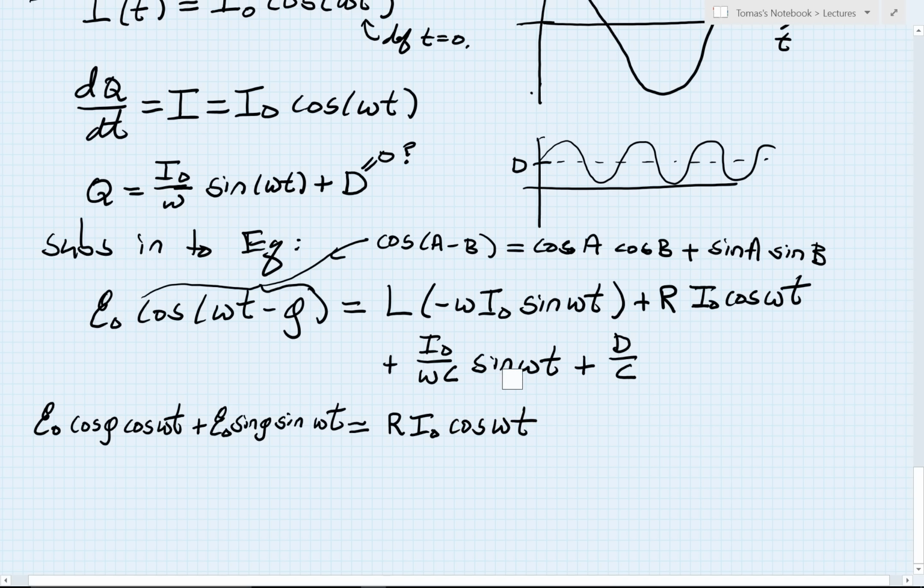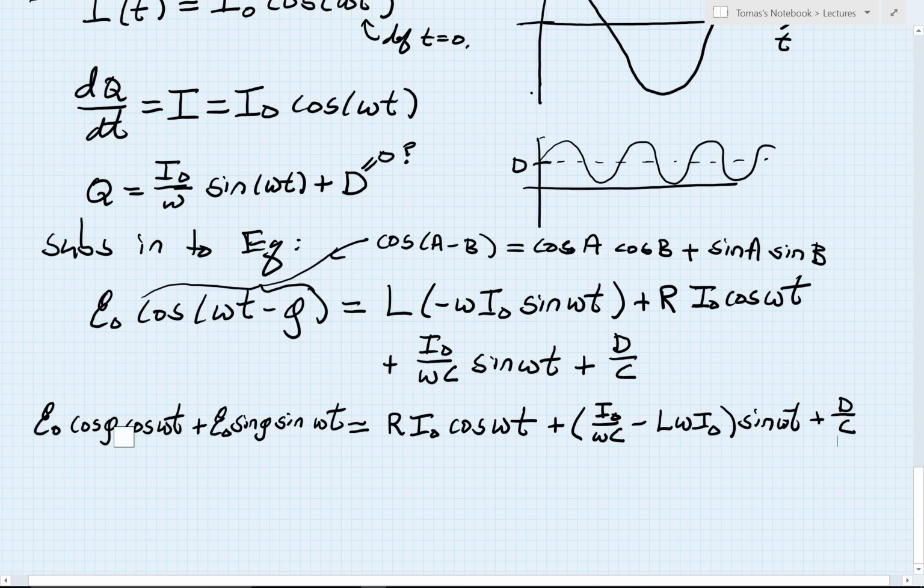The sine term has two contributions, so there's going to be plus, and there's an I naught over omega c from this term minus L, let's not forget there's an L, right? There's an L omega times I naught. All that multiplies sine of omega t. And then finally I have my final term plus d over c.